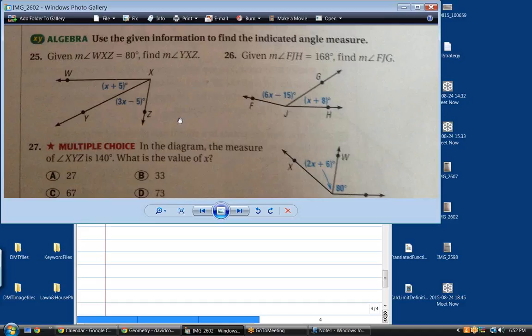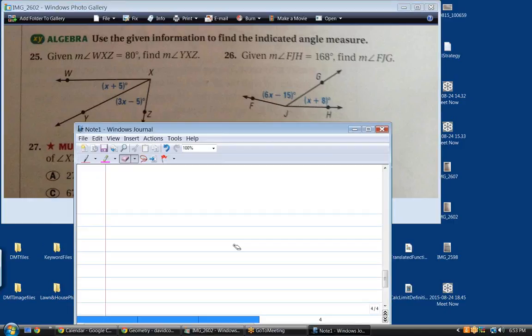Okay, now we get to the point in geometry where about half of geometry is algebra. When you're solving problems like this where there's a variable involved, the idea is to write an equation and solve for x. So if they're telling us that WXZ, this angle right here, is 80, what equation can you write?